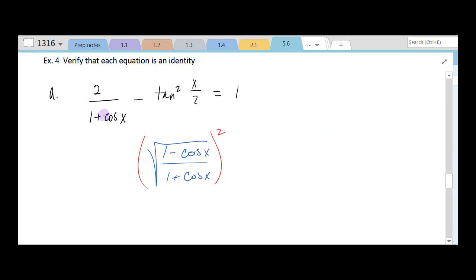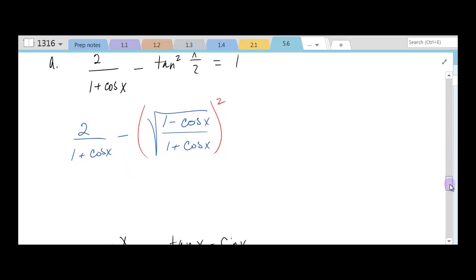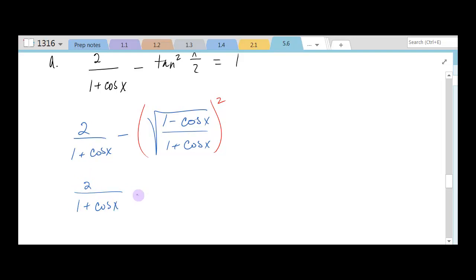And then we're just going to rewrite this other term, 2 over 1 plus cosine x, minus what we just rewrote here. So simplifying that, if I square something that has a radical, then the radical just comes out, right? So I have 2 over 1 plus cosine x minus the second term, which is 1 minus cosine x divided by 1 plus cosine x.